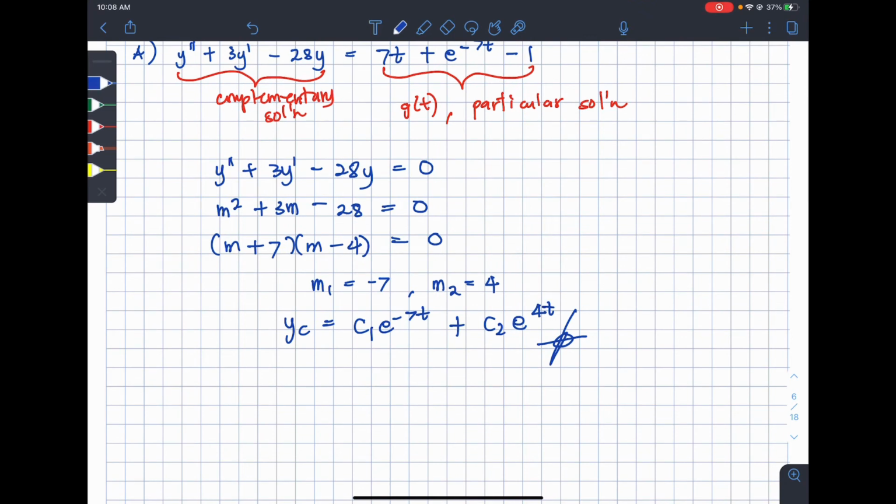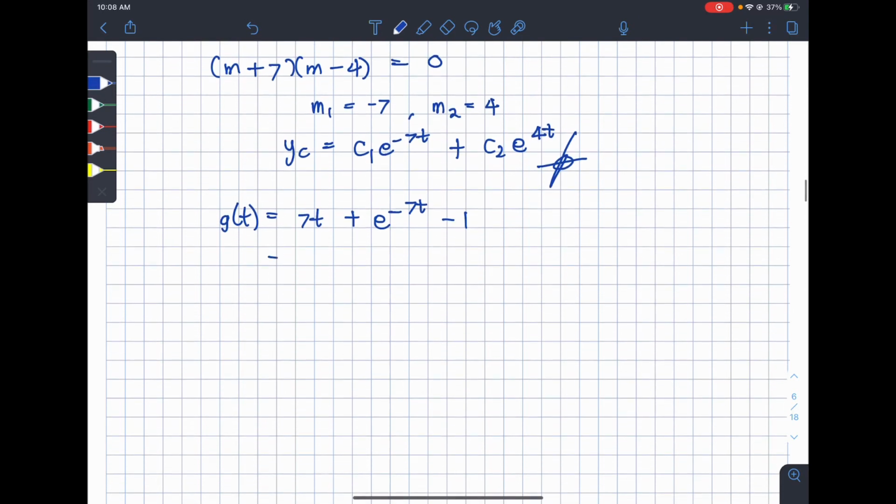Next, we have our g of t. Our g of t is 7t minus 1 plus e raised to negative 7t.